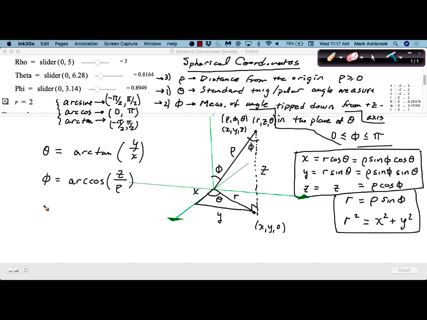So how about in Cartesian coordinates, x, y, and z? Z over what? How do I write rho in x, y, and z? What would the distance from the origin be in terms of x, y, and z?